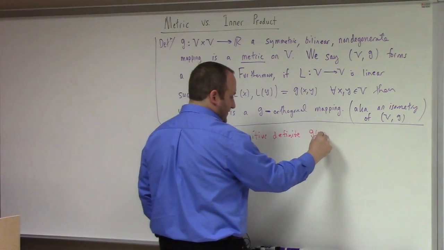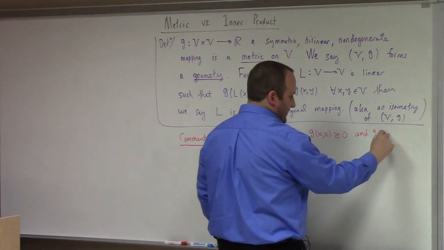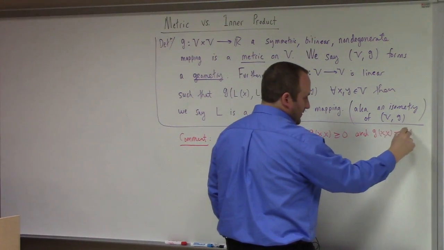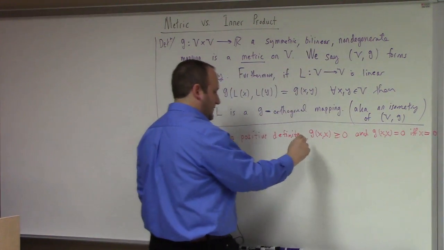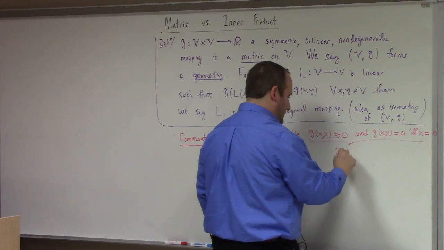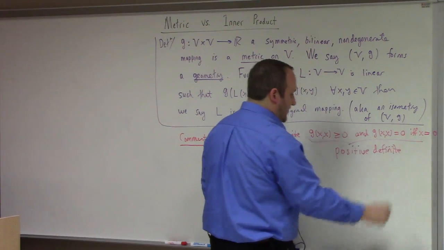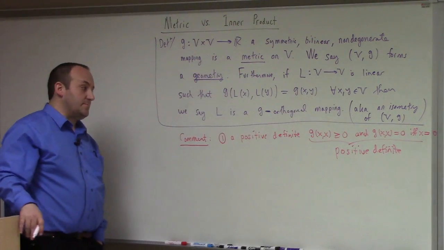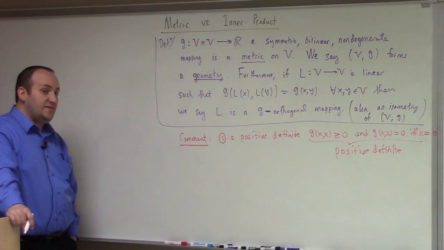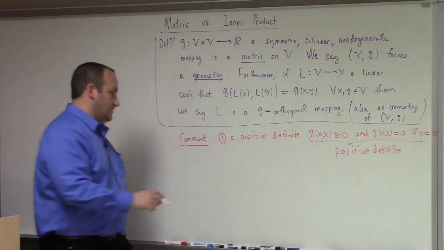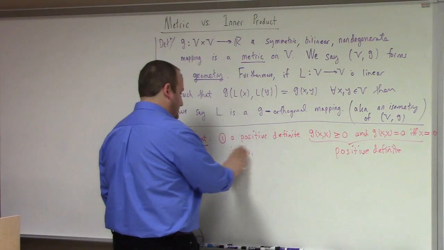In other words, G of XX is greater than or equal to 0, and G of XX equals 0 if and only if X equals 0. This business right here is positive definite. That defines a positive definite bilinear form. And so if you have positive definite, then G is an inner product. I should say metric.